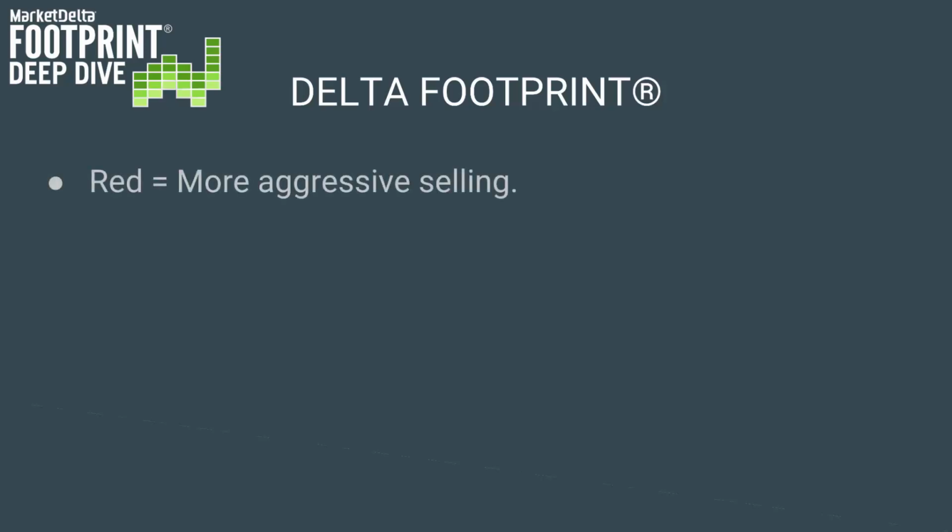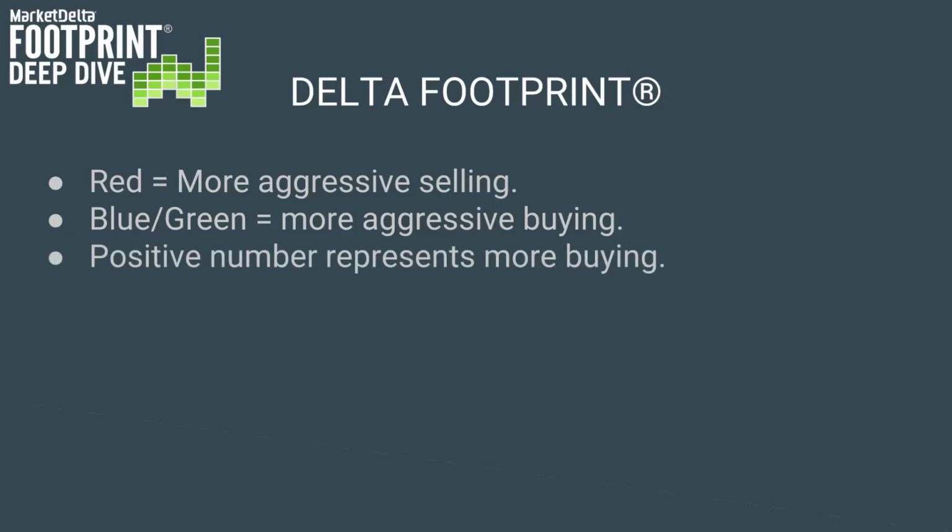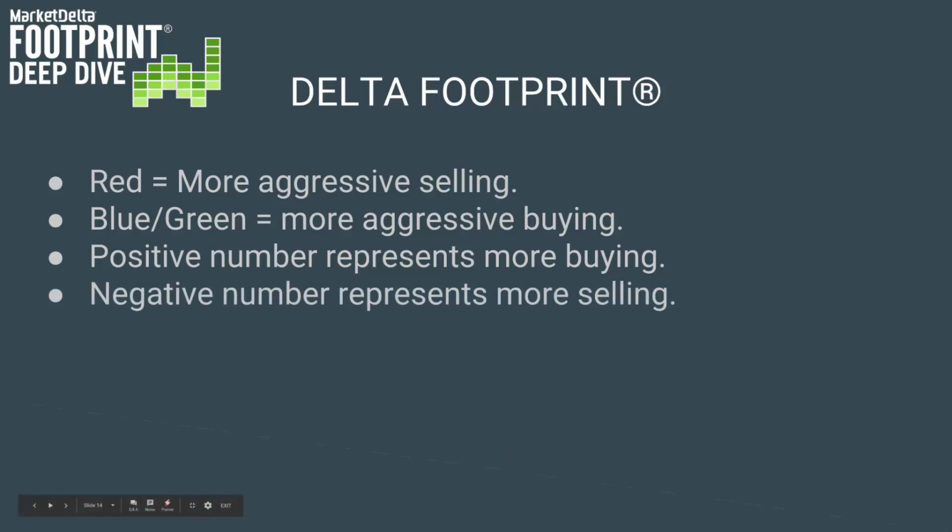Delta footprint, it's the same. It's what I said. Red is more aggressive selling, and blue or green is more aggressive buying, but you only have a single number in the footprint. A positive number represents more aggressive buying, and a negative number represents more aggressive selling.